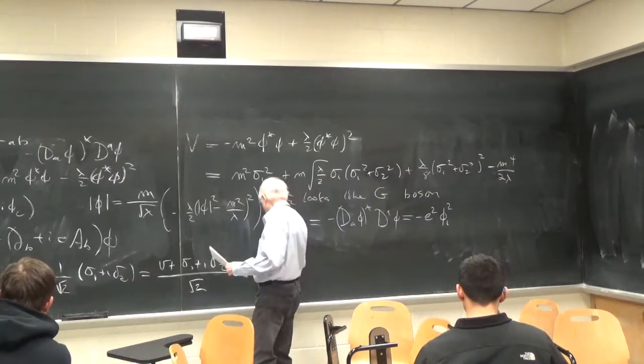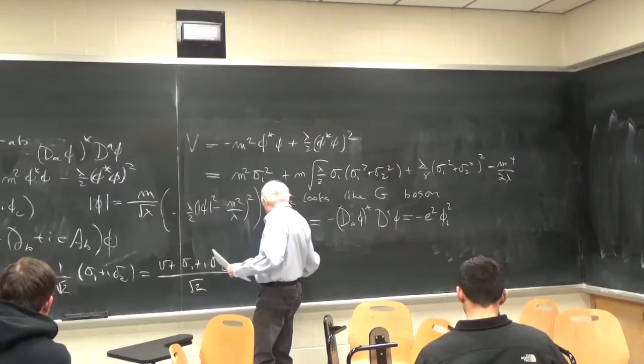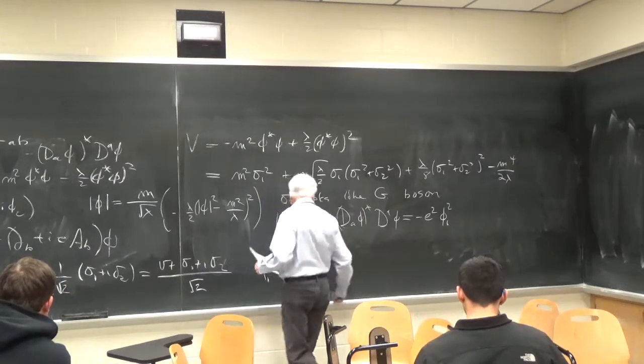Here, phi 0 is m over square root of lambda.